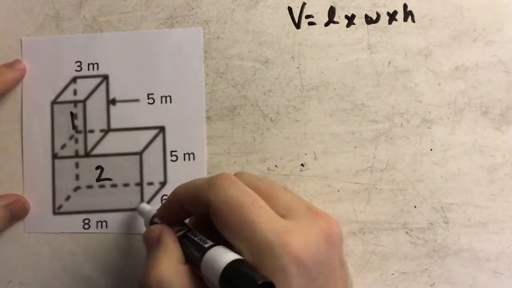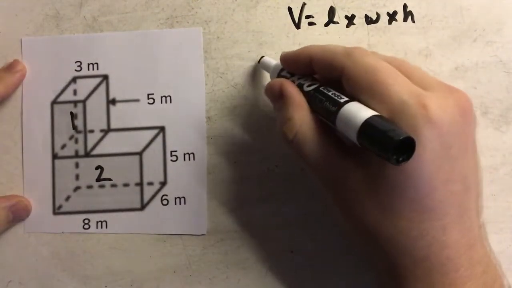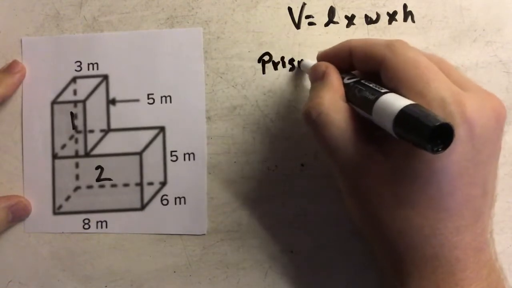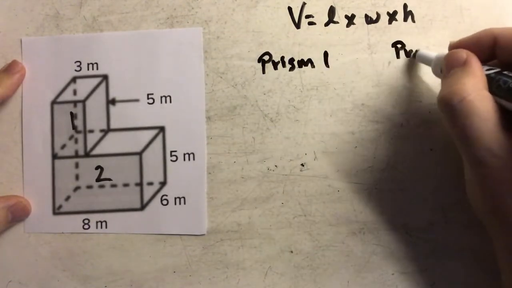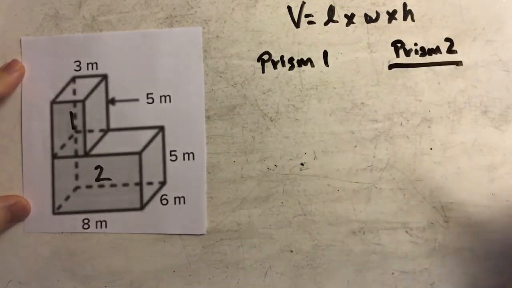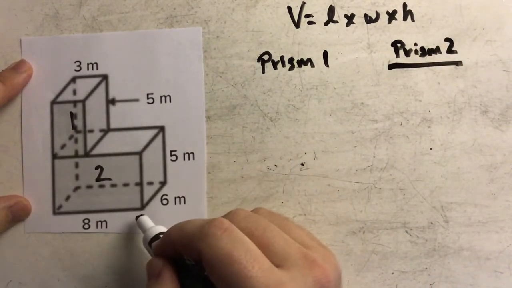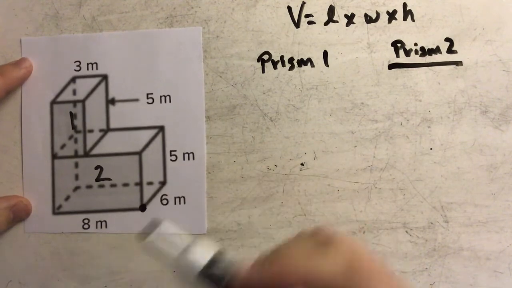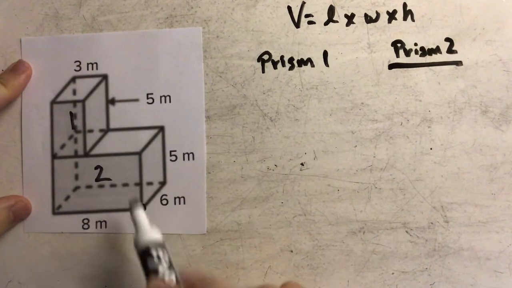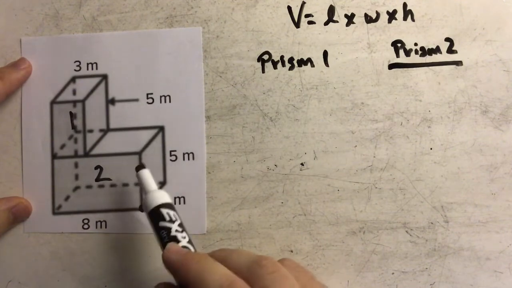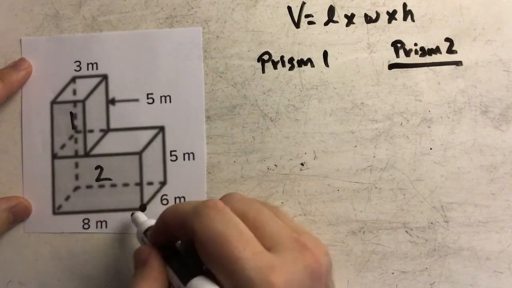Let's start with the bottom, with number 2. So we'll say this is prism 1 and prism 2. Starting with prism 2, all you need to do to find the length, the width, and the height is find one point where all three lines come together. There are several of them. I'm going to choose this one right here.